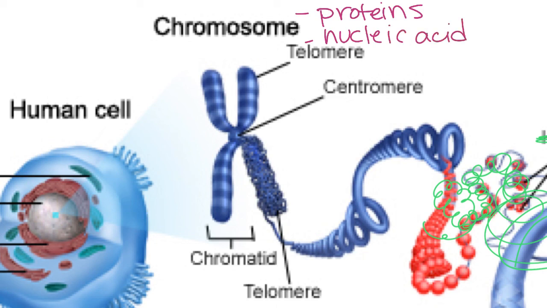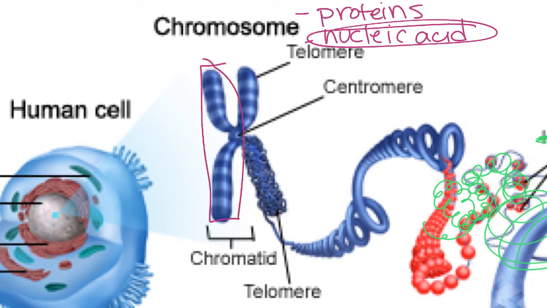Had they realized just how important the nucleic acid part would be, they probably would have studied it more and found the structure sooner. Regardless, a chromosome is just a single molecule of DNA with hundreds of thousands or millions or more of base pairs that is super tightly coiled together until finally you end up with this kind of shape here. So that is a chromosome.